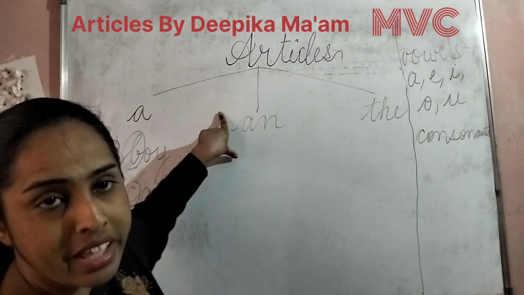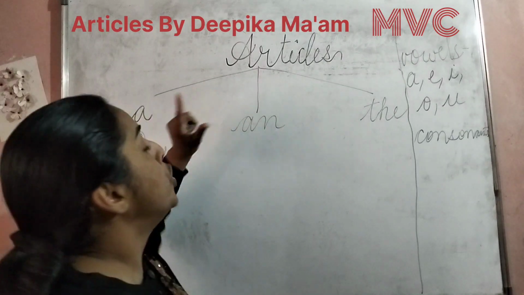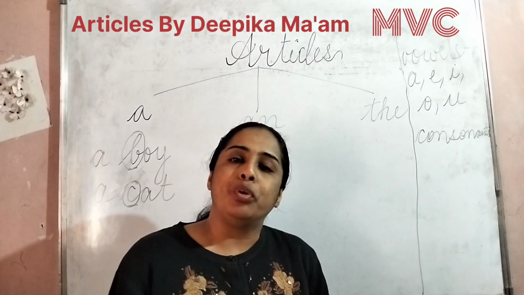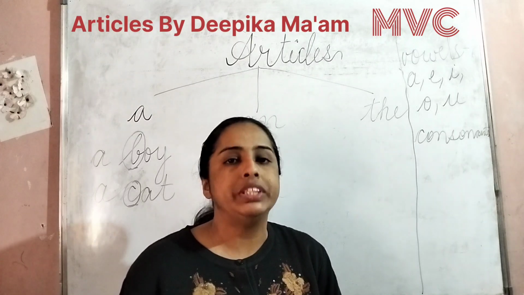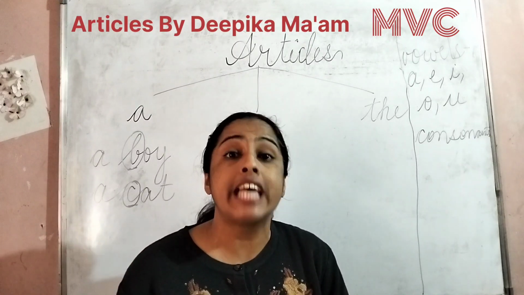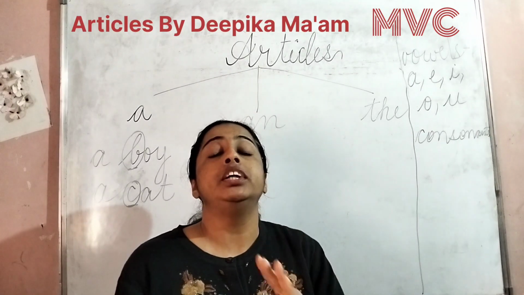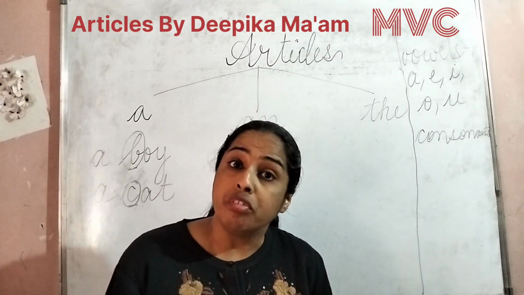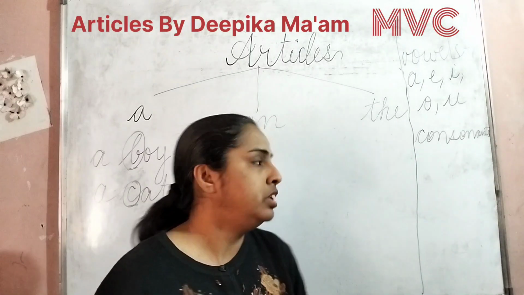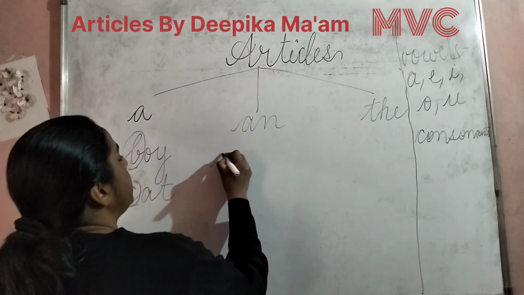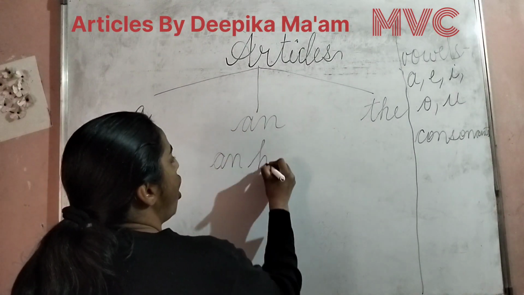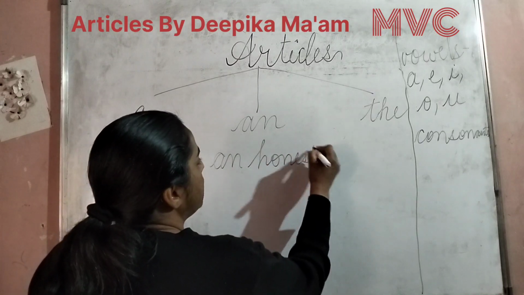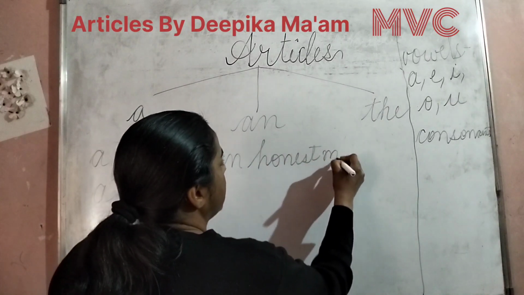Now, let's come to an. An will be put in front of those words which start with a vowel sound. Remember, it's not a vowel, but it's a vowel sound. Like an honest man.